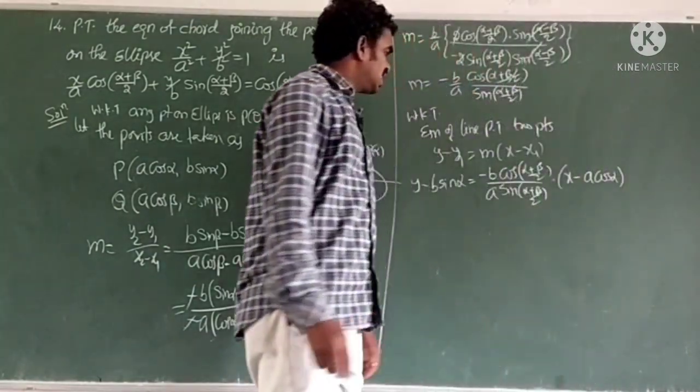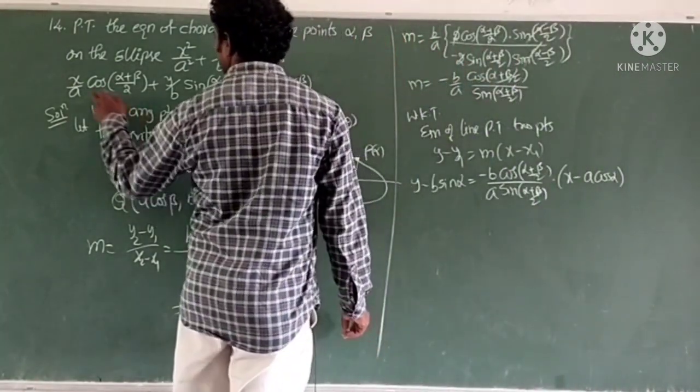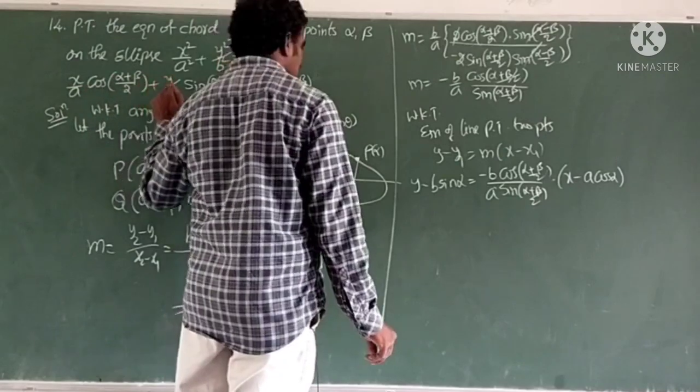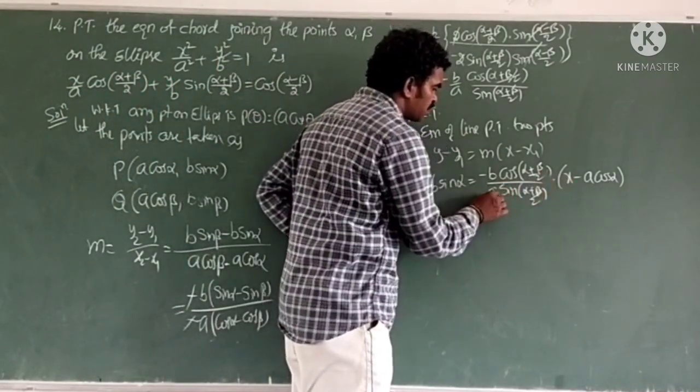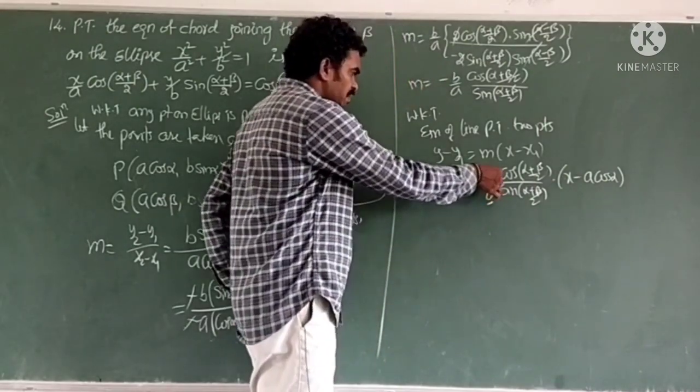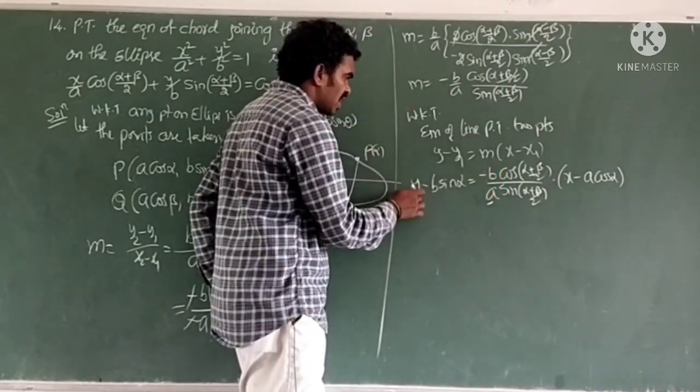To simplify this, we have to get x by a and y by b. So this a keep on the right side only to get x by a, and here b is there, bring b to the left side, so it becomes y by b.